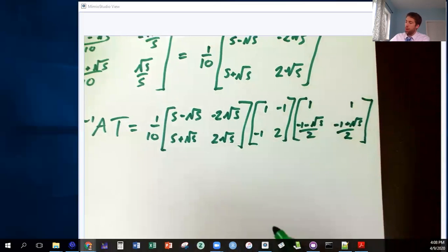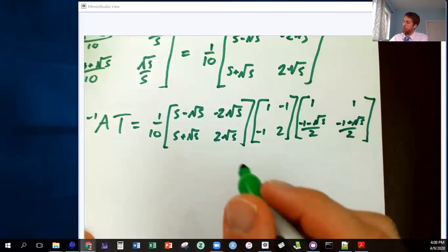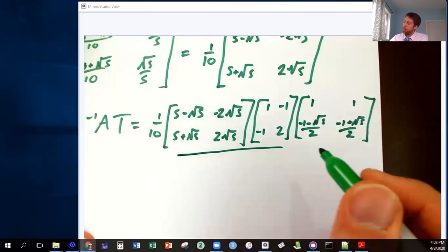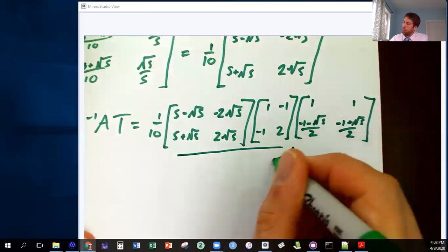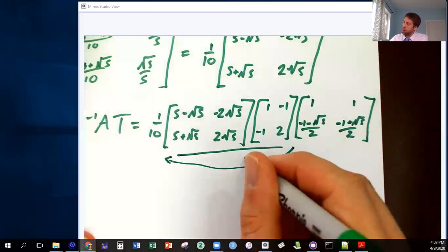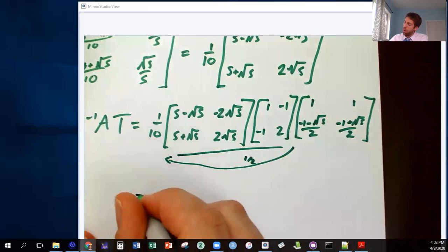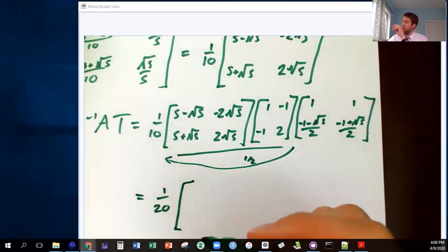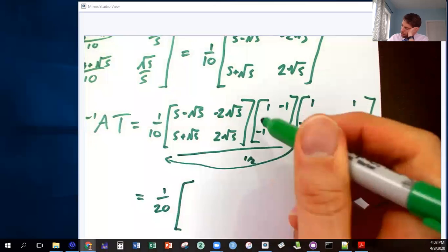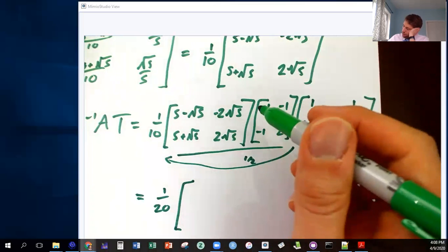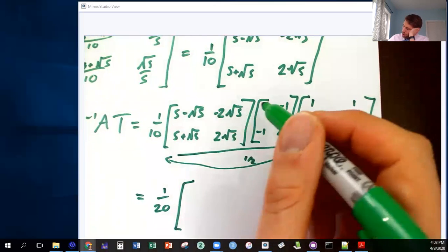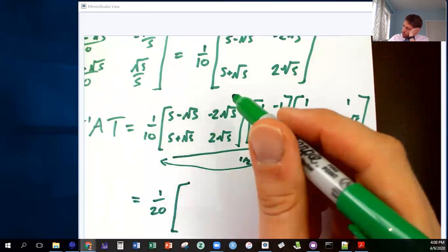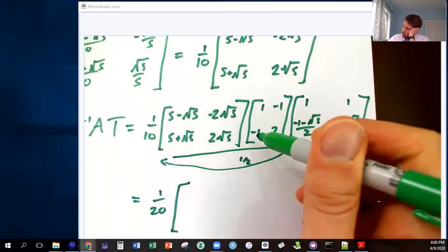Okay. What I'm going to do in the next step is combine these two. I'm going to take the 1/2 out. Okay, so 2 steps at once. So I have 1 over 20 times, multiplying this together, I've got 1 times 5 minus square root of 5 plus 2 square roots of 5.